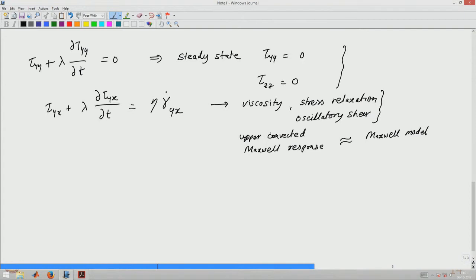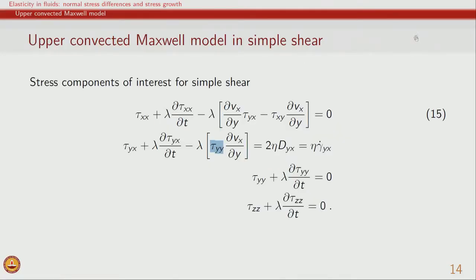However, if we look at the governing equation for tau xx, which is the first equation here, we can see that there are two additional terms coming from the stress rate which arises due to deformation in the material. We have del Vx by del y, which is gamma dot yx, multiplying tau yx and tau xy.